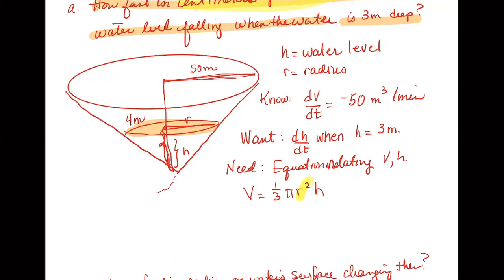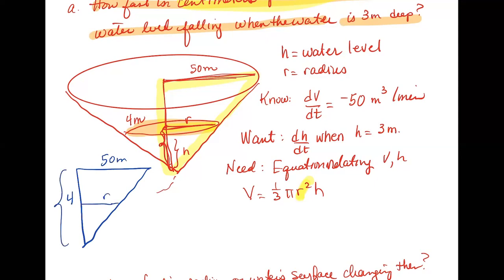So we have just similar triangles in here. If I pull, say, this triangle and this triangle out here to the side to look at the relationships, so this is 50, this is 4, all of it together.